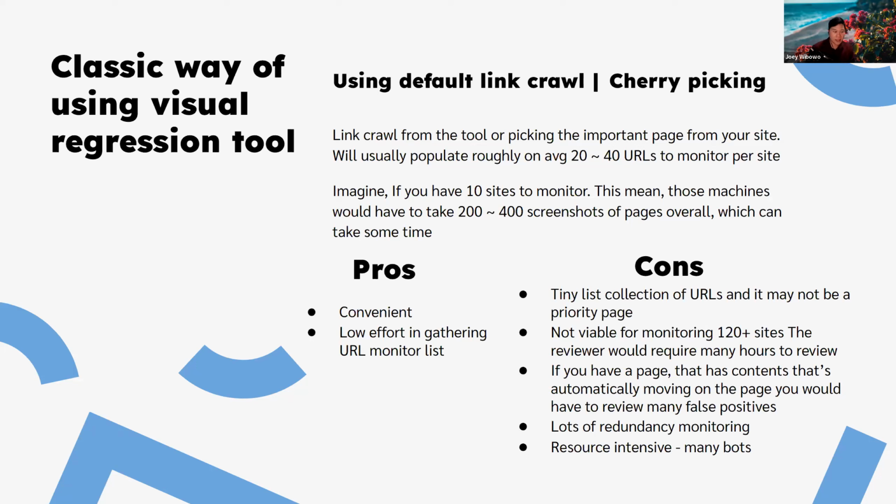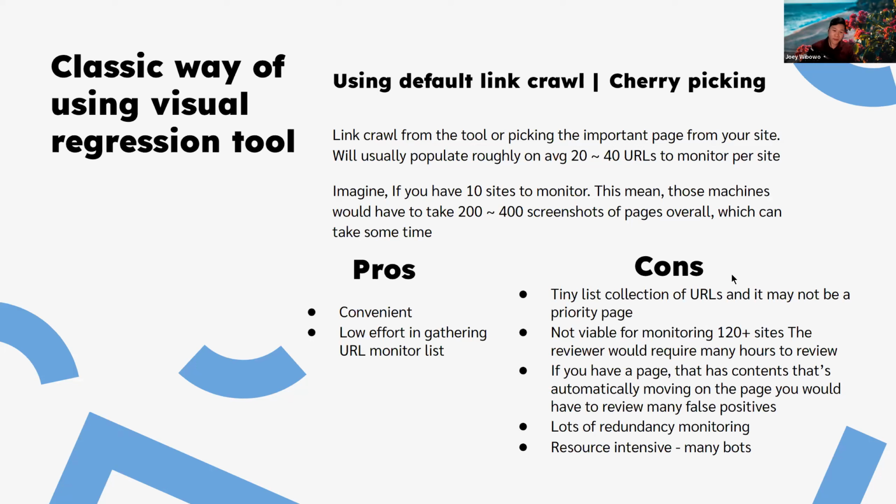The second one is that it might not be viable if you're monitoring 120 plus sites. That makes the reviewer have to spend many hours reviewing false positive screenshots, and they keep seeing the same thing over and over again.